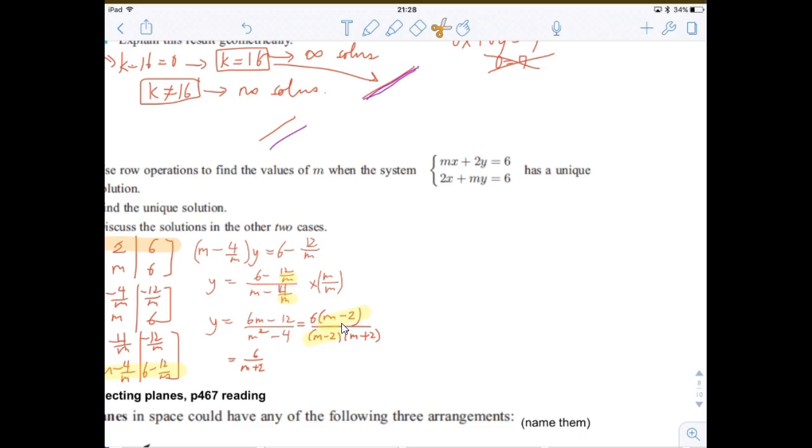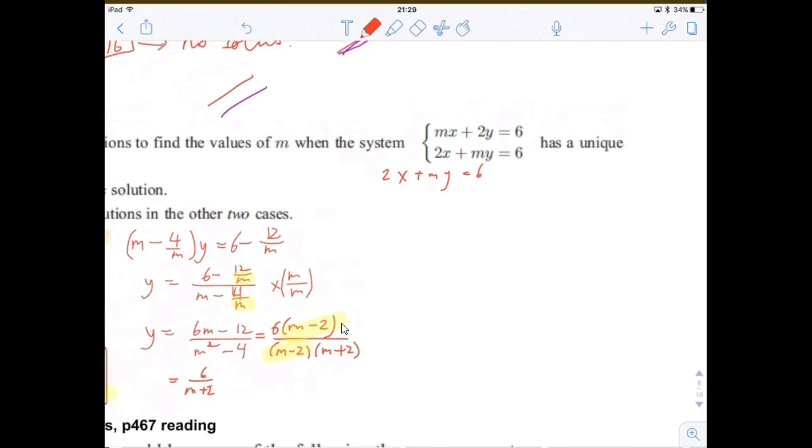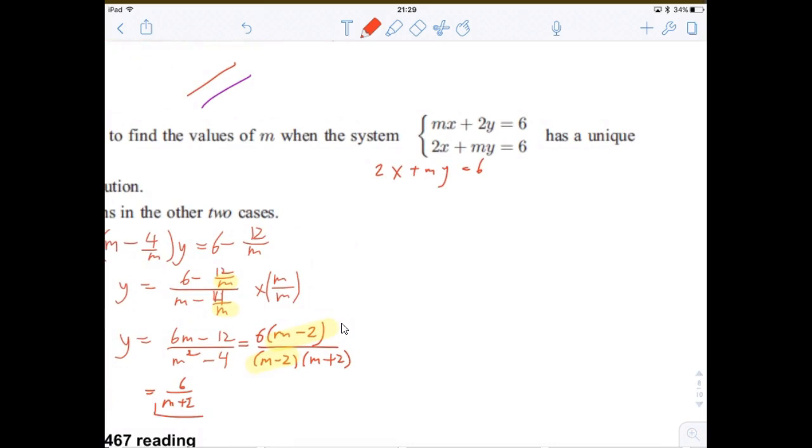Now I'm going to try to figure out what x is. I'm going to take this equation here, which has x in it and y in it, so I can figure out what x is from y. So I'm going to recopy this equation here, and then I'm going to substitute in this here.